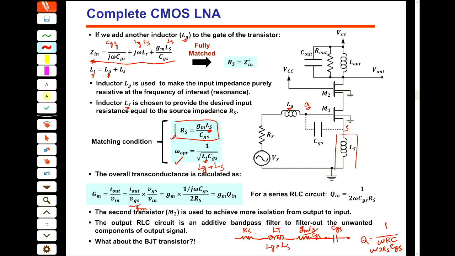What is the VGS over V in? It is the impedance of this part divided by the impedance of the whole. I mean, it is CGS divided by the whole of this. So these two, the L and C, are cancelling each other at the resonant frequency, and the impedance of this whole chain is only 2RS. And we see that it is GMQ.